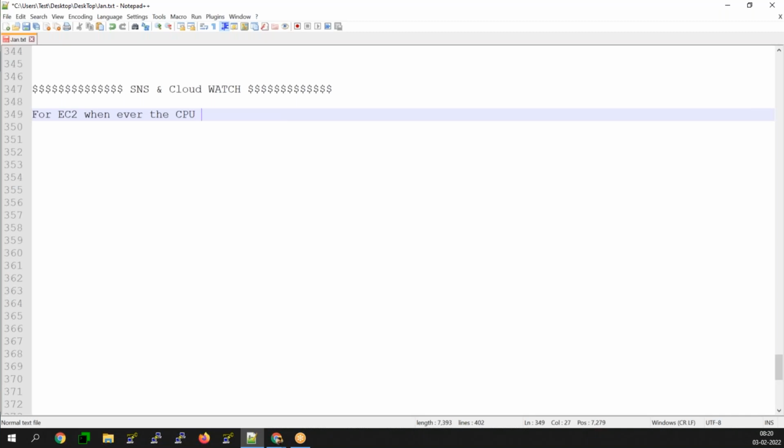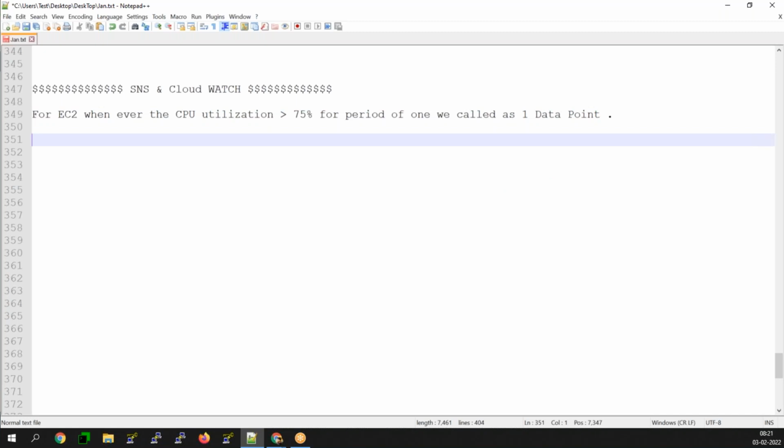For an EC2 instance, whenever the CPU utilization is greater than 75% for a period of 1 minute, you call that one data point.